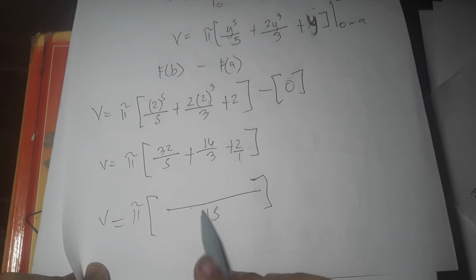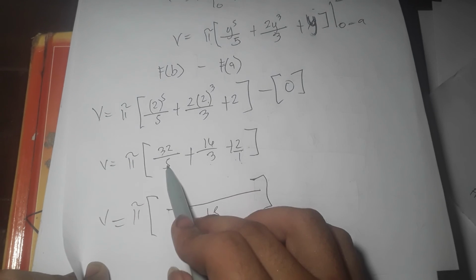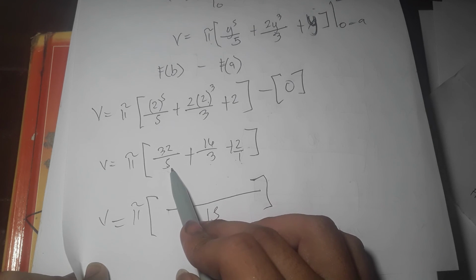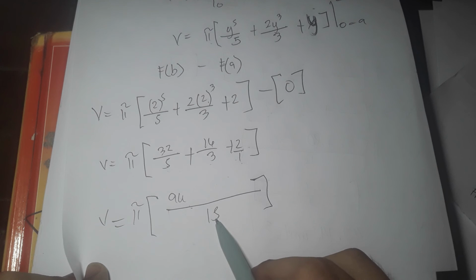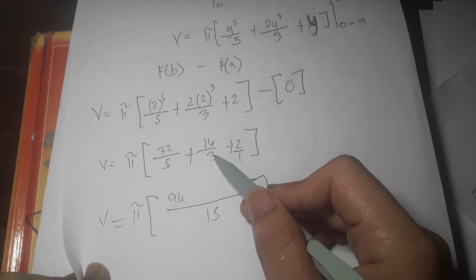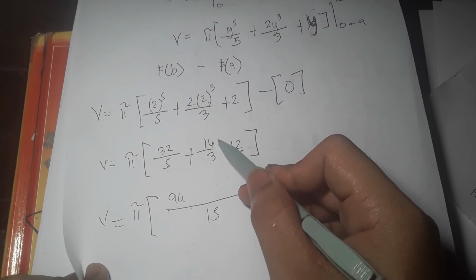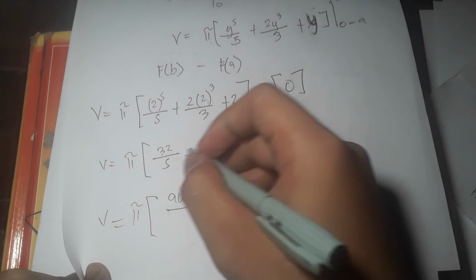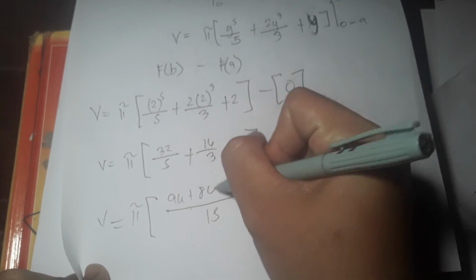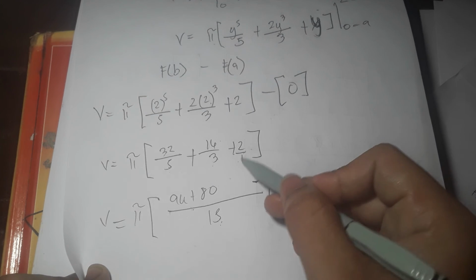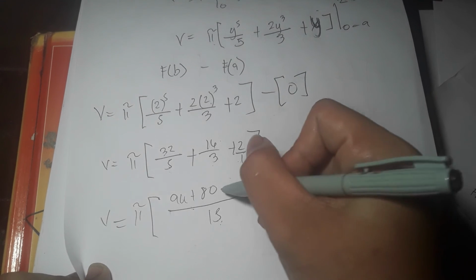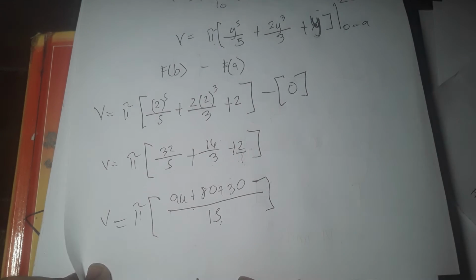That's why 15. So 15 divided by 5 is equal to 3 times 32 is 96. And then 15 divided by 3 is 5 times 16 is positive 80. And then 15 divided by 1 is 15 times 2 is 30.